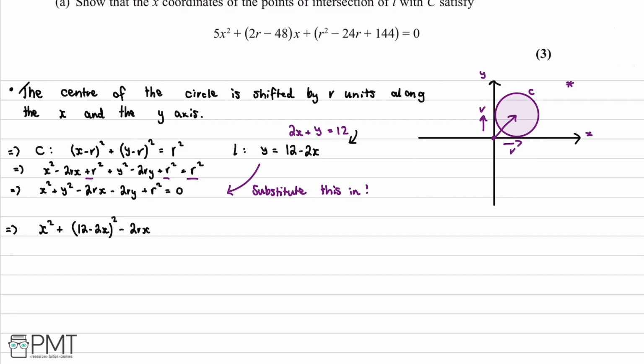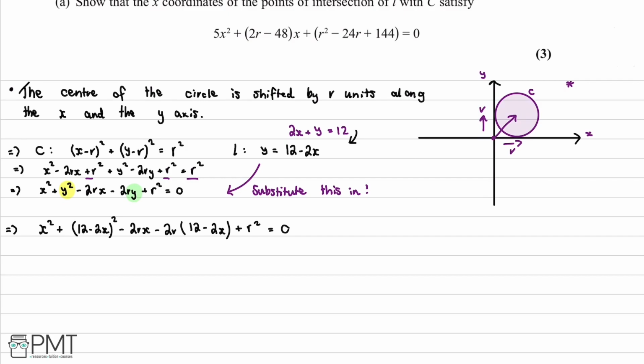Then we see another y term here, so this time we're going to subtract 2r, but we're going to multiply it by (12 − 2x), and then we add on r², and that's all equal to 0. So as you can see, we've basically eliminated all of the y's in this equation, and we now have everything in terms of x and r.